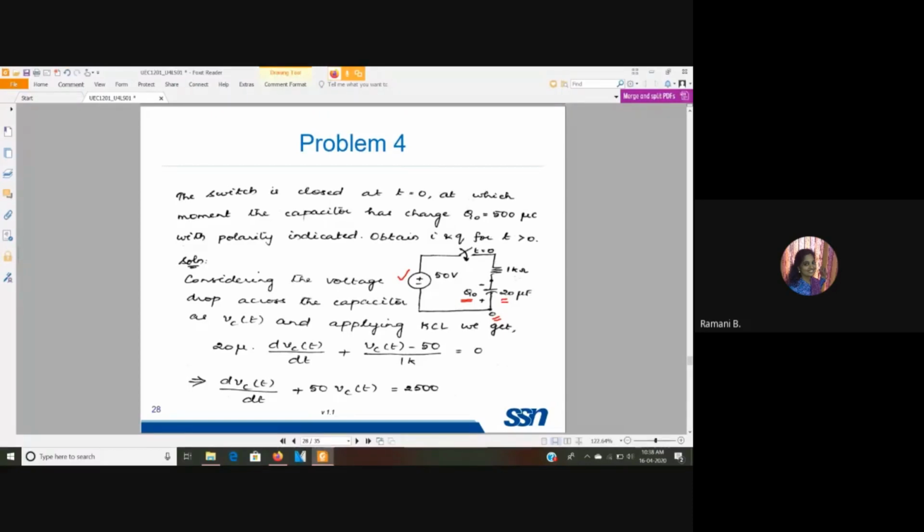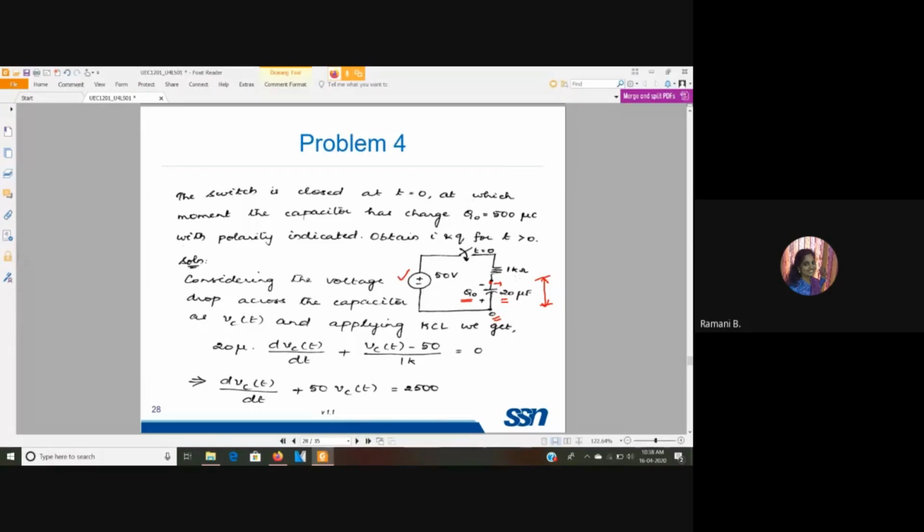Now considering the voltage drop across the capacitor as VC of t, let me consider this voltage to be VC of t. If we apply KCL at this particular node, you will have 20 micro into dVC by dt plus VC minus 50 divided by 1K equal to 0. Simplifying this equation, we get this.